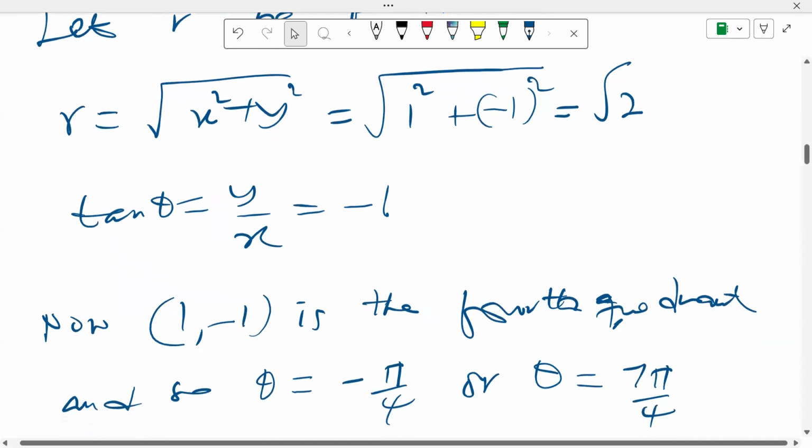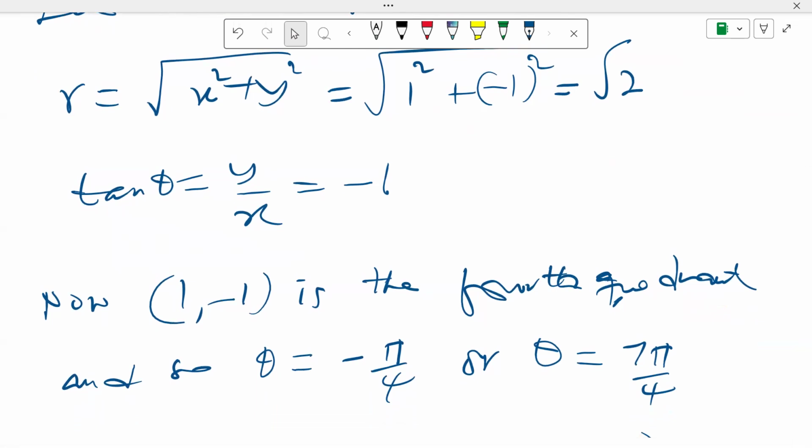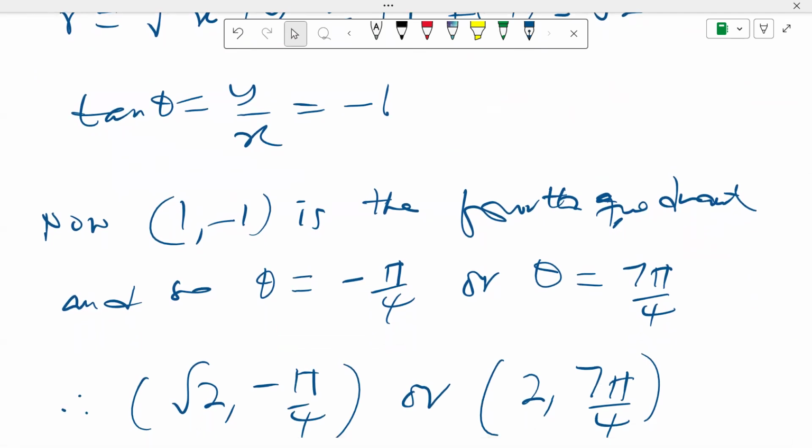Now, our 1 and then -1 is actually in the 4th quadrant. If we want to sketch, we'll find that it is in the 4th quadrant. So it means that our theta will be -pi on 4 or 7 pi on 4.